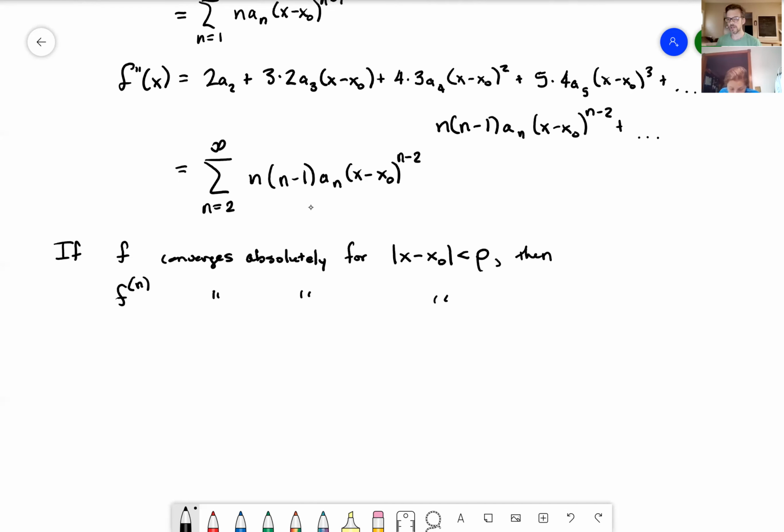So when we take the derivative, we don't change the radius of convergence. I think it is possible for the convergence to change at the endpoints, but it does not change in the region where it converges absolutely.